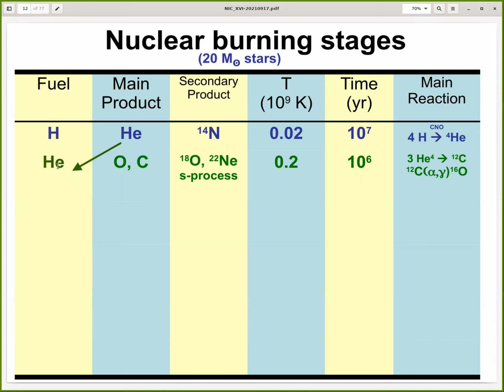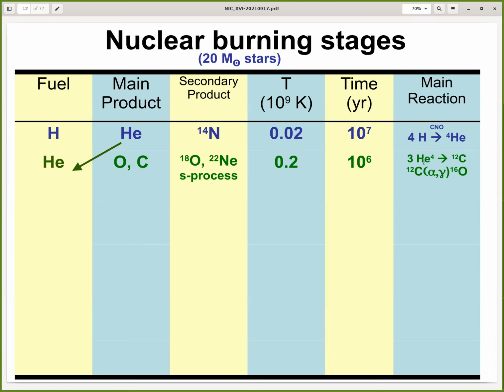The next burning phase is helium burning to carbon and oxygen, and it does make side products oxygen-18 and neon-22. And the typical temperature of that is about 200 to 300 million Kelvin, and the time scale is now down by a factor of 10 to about 1 million years.